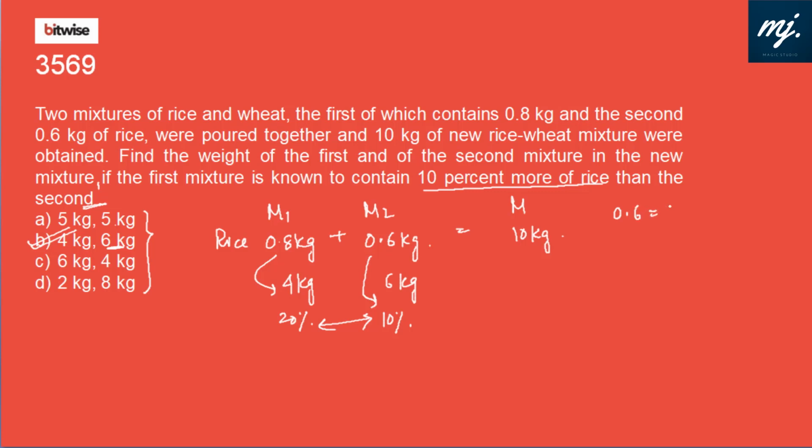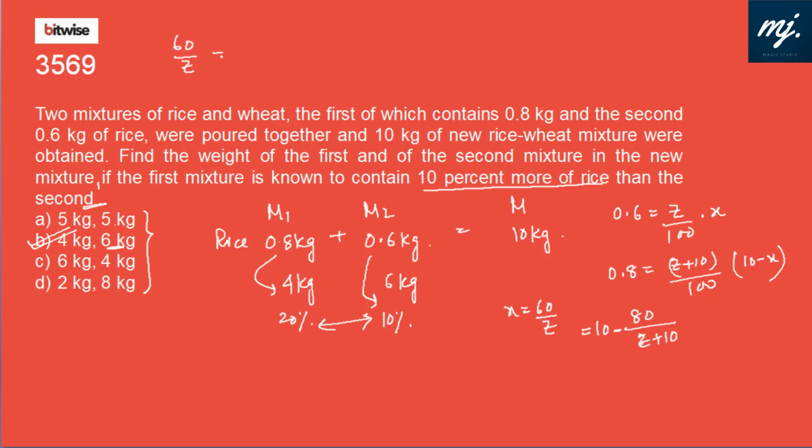Then 0.6 would be Z% of X and 0.8 would be Z plus 10% of 10 minus X. Then we need to solve this. 0.6, that is 60, X is 60 by Z. And here 80 by Z plus 10 equals 10 minus X. So therefore 10 minus this is also equal to X. If we compare these two, I'll end up getting the value of Z for sure, and that would be 60 by Z equals 10Z plus 100 minus 80, that is 20 by Z plus 10.